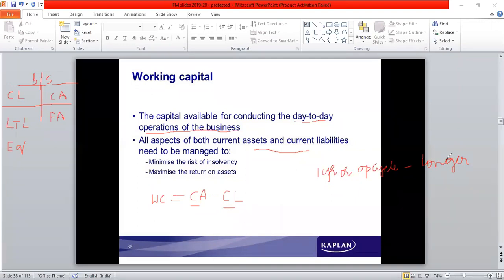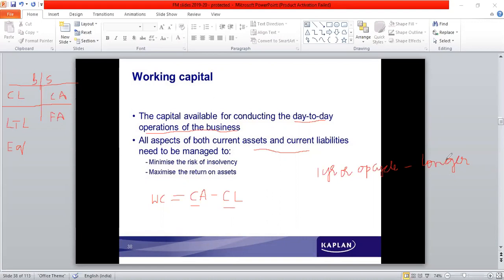What is emphasized here is that cash is not kept available all the time, because cash kept in the form of cash doesn't give any returns. More or less, absolutely nothing can be earned from cash balances. So the amounts are not kept in the form of cash, but they are invested into some type of asset. From assets, return can be earned. If the assets are invested for a longer period of time, the funds are blocked in those long-term assets.